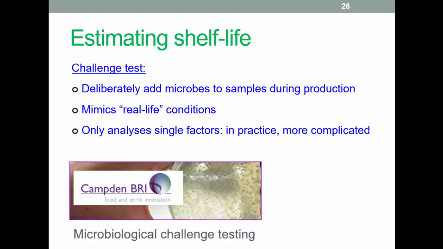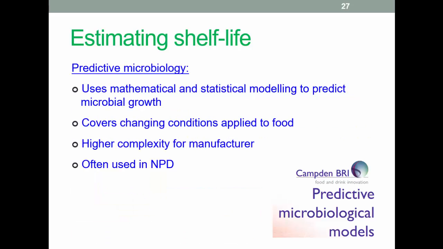This is a faster method, but again, not without issues. That's true of all the approaches to some extent. Here, microbes, that is to say pathogens, are added to samples of the food and growth rates monitored. If you want to know more, click on the Camden BRI link for more information. Another method, which is sort of related, is predictive microbiological methods.